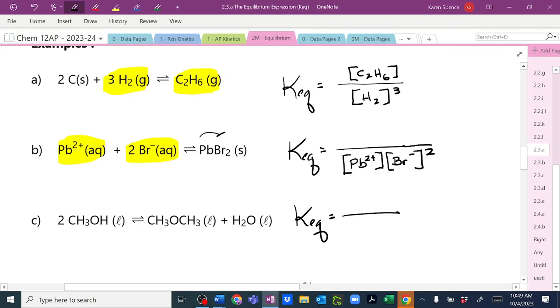What do we do if there's no products to put up top? Put a 1. Very good.